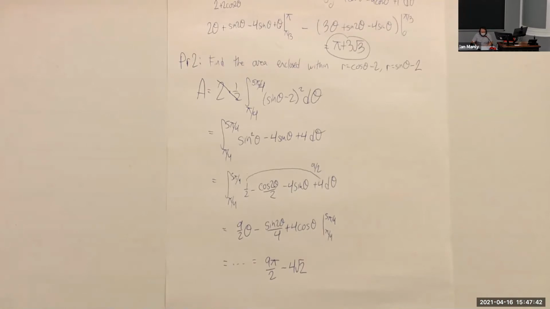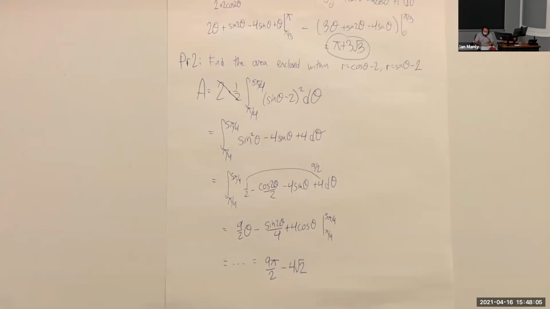All right, now one final thing I want to say about these areas is the area of all of these will end up being positive if we do this correctly. So when you're checking your work here, one way to see if you've gone wrong is if you end up getting a negative answer right here.